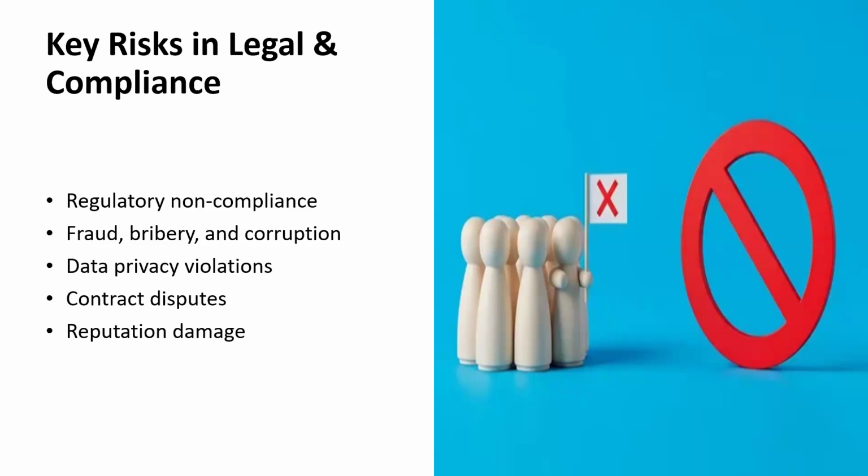If you are not compliant with your data privacy and you go on to violate certain data protection policies or laws in your country, you will end up with a lot of problems. Your company could be shut down, you could be slapped with a very huge fine, which you might not even have the resources to pay for. And then fraud, bribery, and corruption. You must have certain policies that speak to these things, because if you fail on some of these things, it's really going to hurt you as an organization.